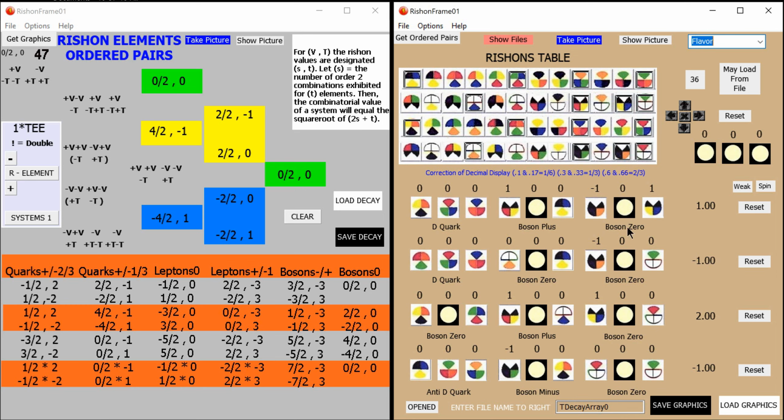And these two particle pairs have flavor that cancels each other out. And of course, for the anti-T quark, we will have a flavor charge of minus 1. And there's 0 flavor charge on the non-flavored, of course, V and anti-V prime Richons.